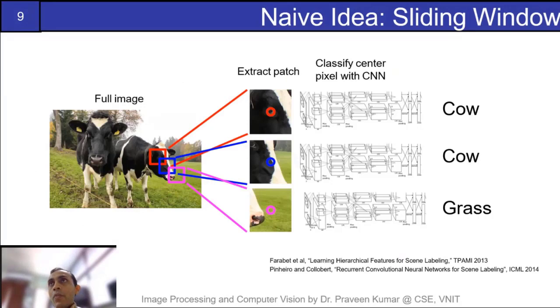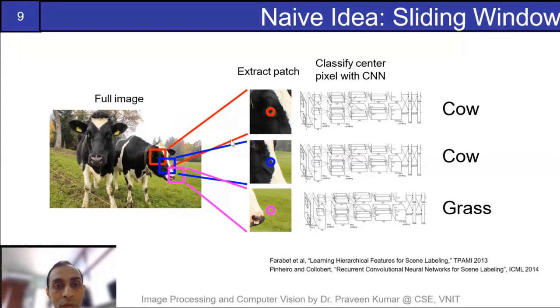A very brute force idea or a naive approach would be to take our normal image classifier architecture and do a sliding window kind of thing. Take a small window patch as an input to the image classifier, and that classifier will predict the class by looking into the content of that patch.